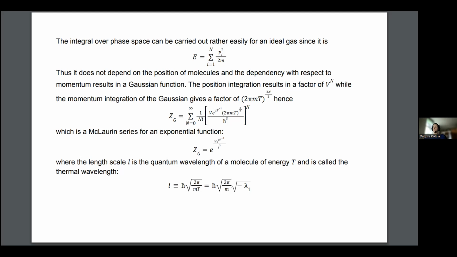The thermal wavelength is equal to the reduced Planck constant times the square root of 2π divided by mass times temperature, and is equal to the reduced Planck constant times the square root of 2π divided by mass times the square root of minus λ1.